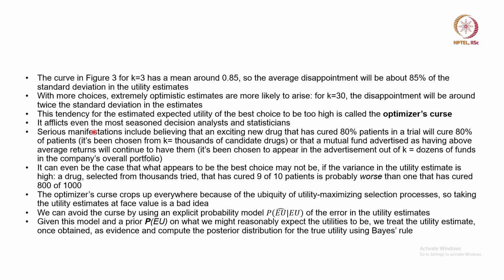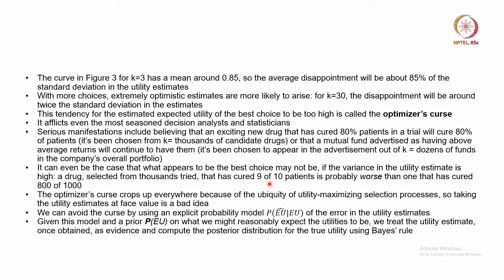So how does this actually affect things? Serious manifestations include believing that an exciting new drug has cured 80% of patients in a trial and will cure 80% of actual patients. It may not really happen. What appears to be the best choice may not be. A drug selected from thousands tried that has cured 9 of 10 patients is probably worse than one that has cured 800 out of 1000.